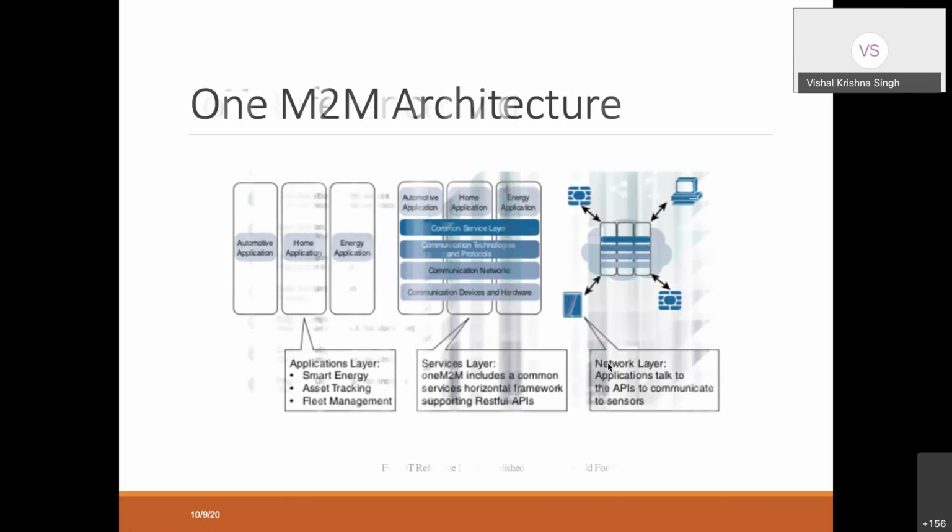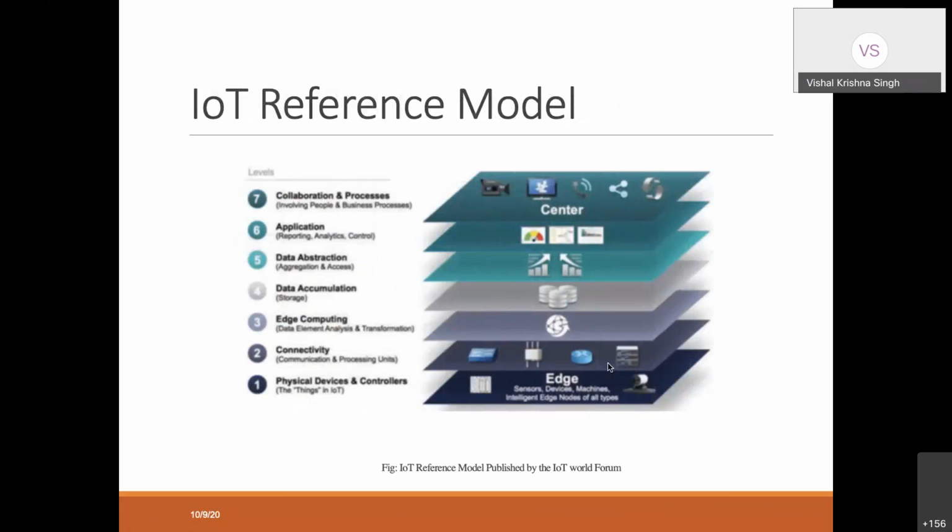The second architecture which I'm about to discuss is the IoT reference model. It was published by the IoT World Forum, and it is a very simple architecture. As you can see, there are 7 layers or 7 levels in this. It is also known as the IoT World Forum Standardized Architecture.